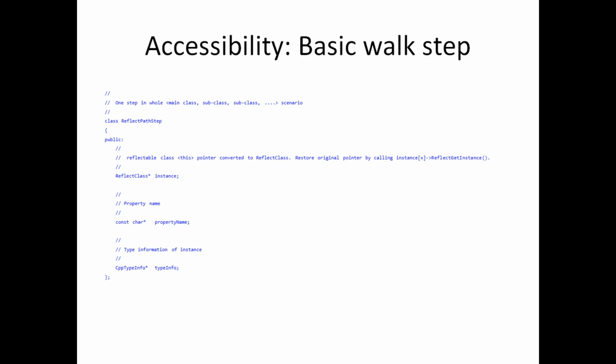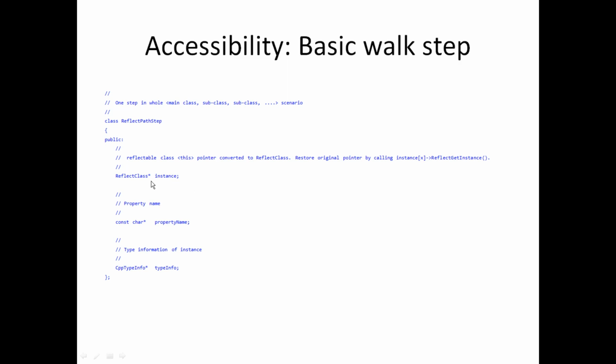Based on the previous table, we can create this kind of step for the reflect path walkthrough, and we will have the type information, property name, and the instance itself. One thing to note is that this is already a base type, a reflect class pointer, which can be cast to a pointer of the original class.